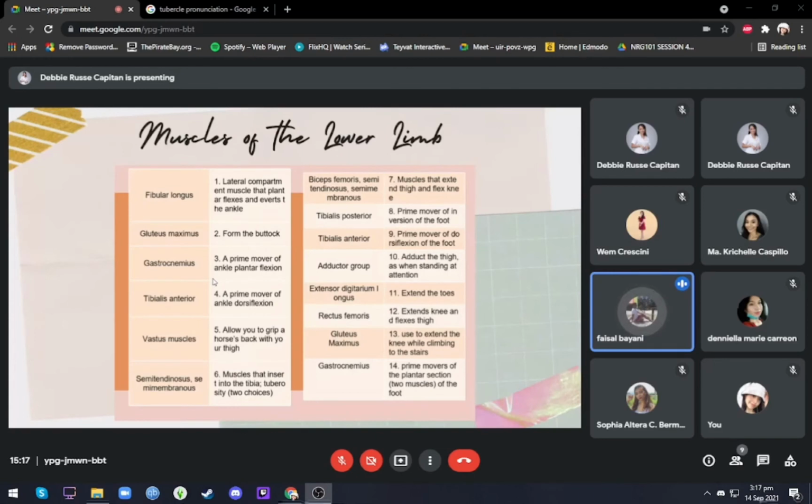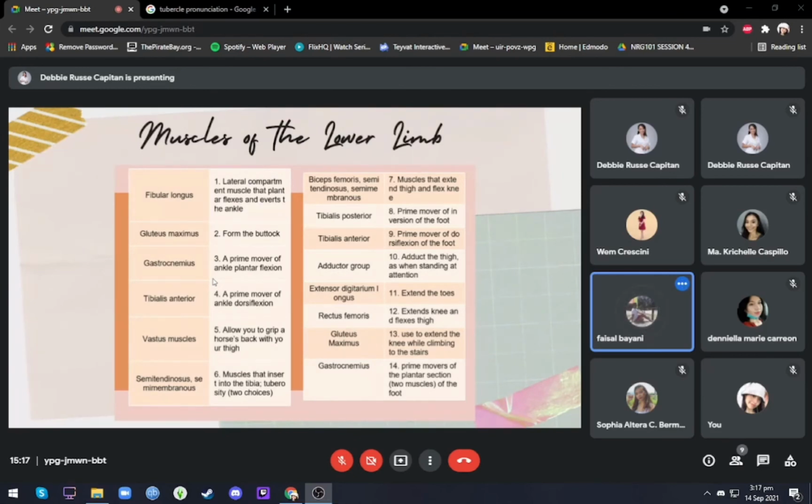Next is muscles of the lower limb. Number 1, lateral compartment muscle that plantar flexes and everts the ankle. Our answer is fibularis longus. Number 2, form the buttock, gluteus maximus.